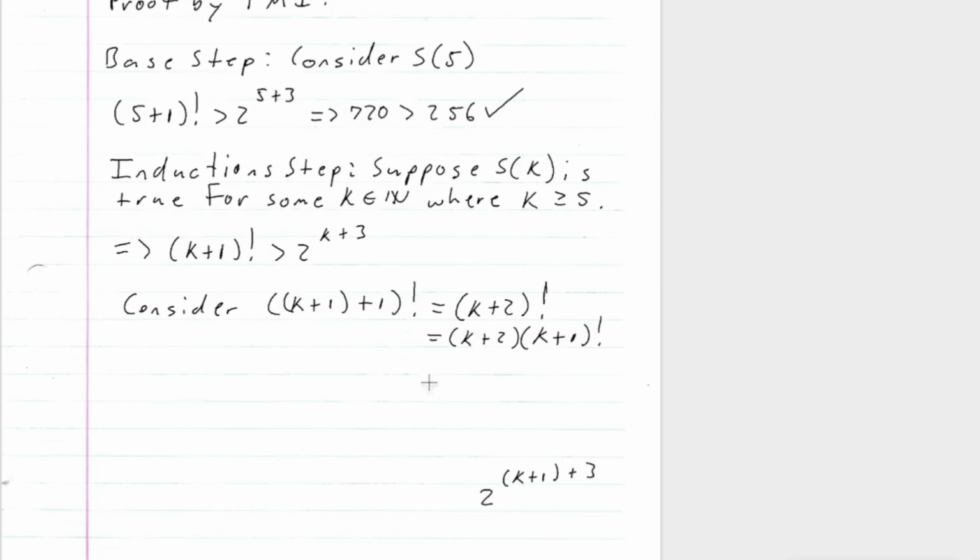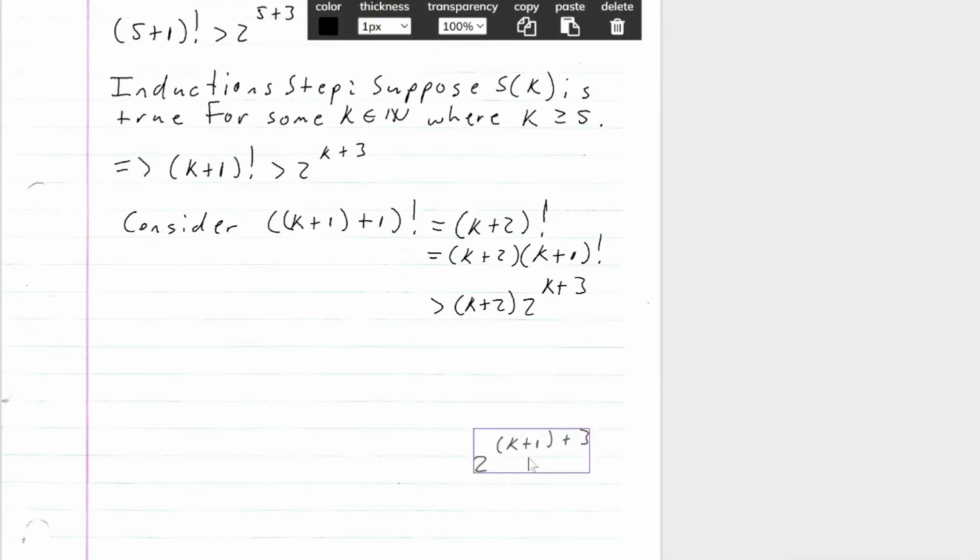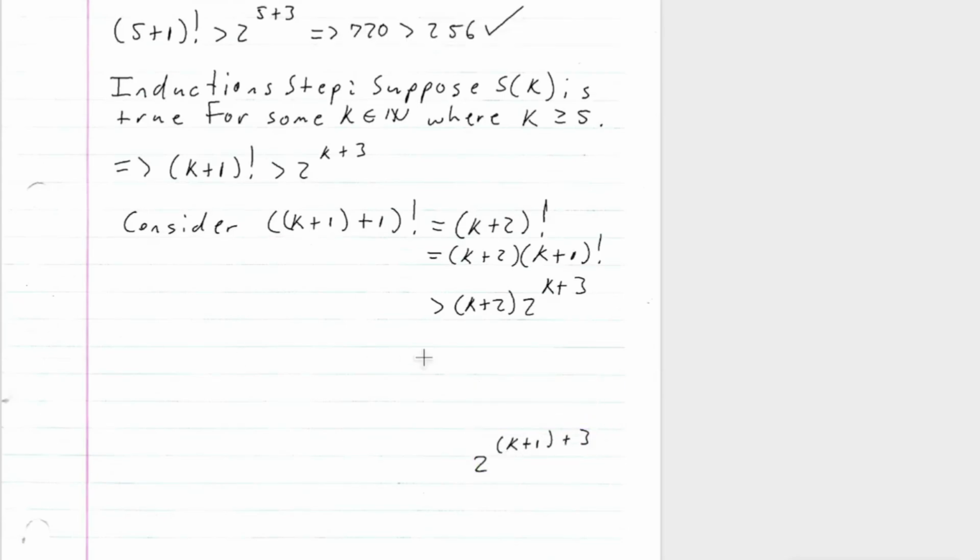All right, so we know this is bigger than k plus 2 times 2 to the k plus 3. Right? So how are we going to connect these two, right? Well, let's go ahead and move this down. I think we might need a little bit more space.